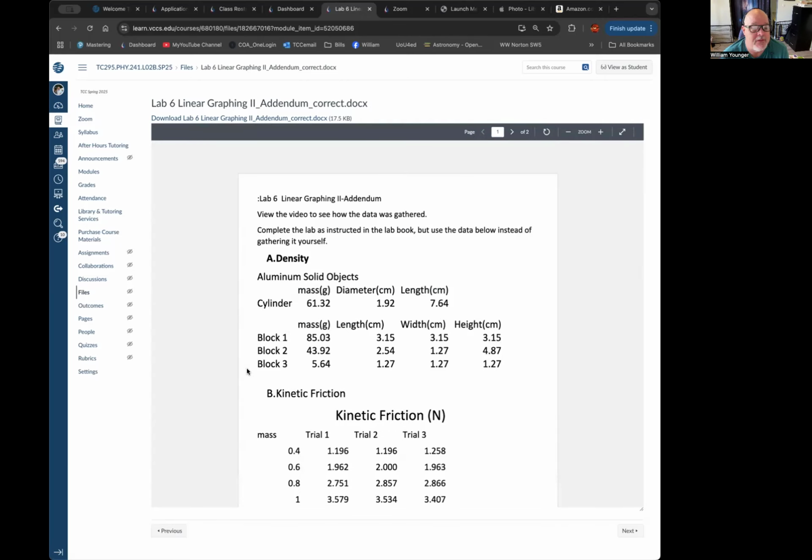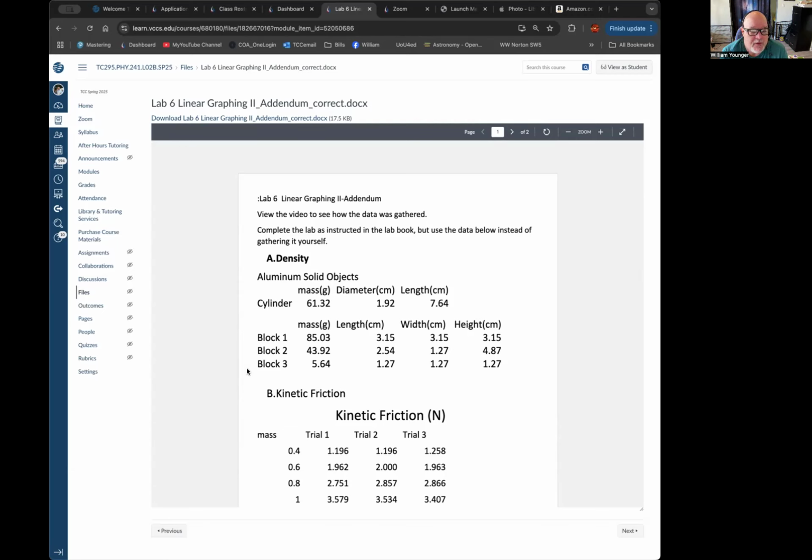Okay, so it says Linear Graphing 2 Addendum. View the video to see how the data was gathered. That's the other video that I shared with you guys. There's a password, if I remember correctly, in the actual title for the video, so you've got to make sure you copy that down first and then click it to get to the actual video.